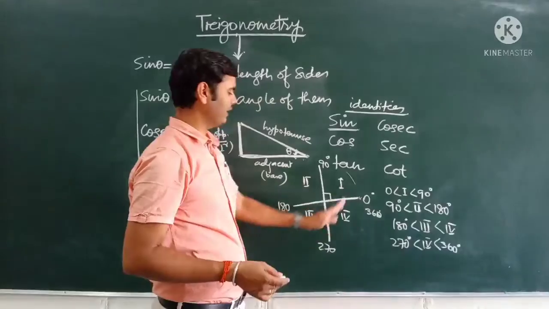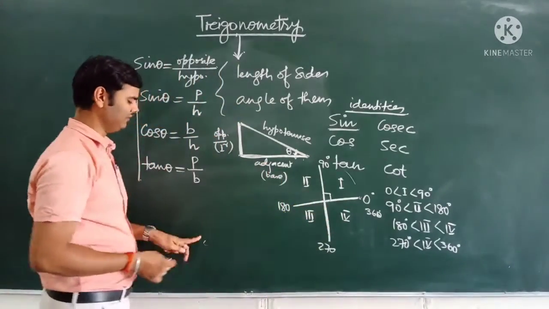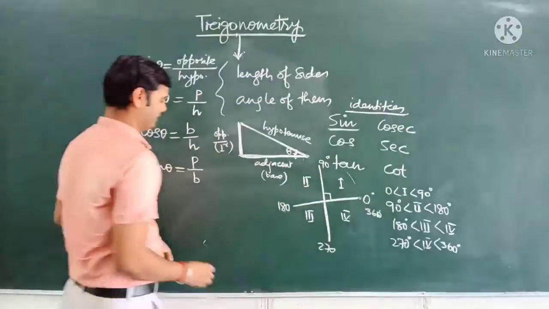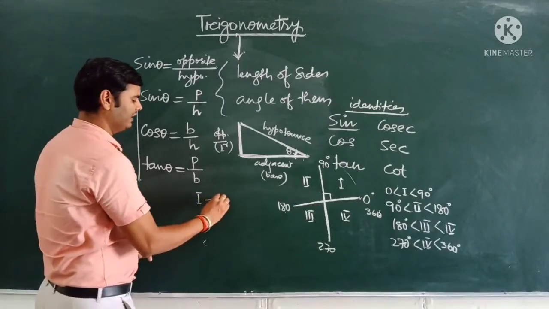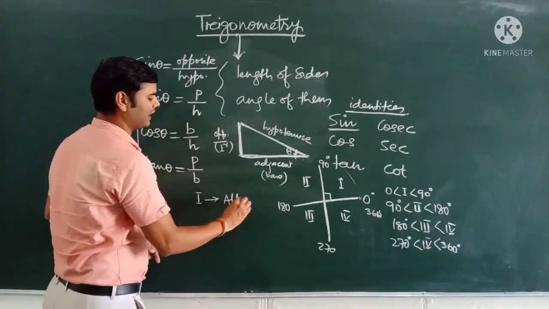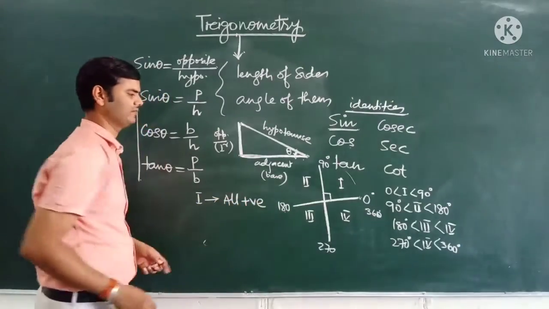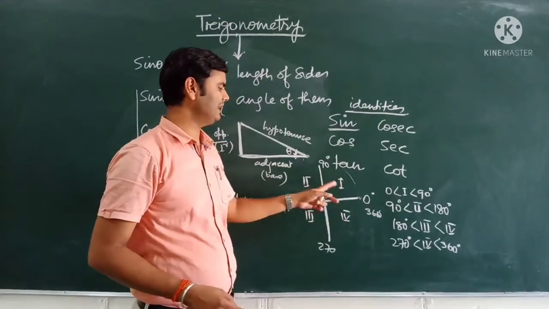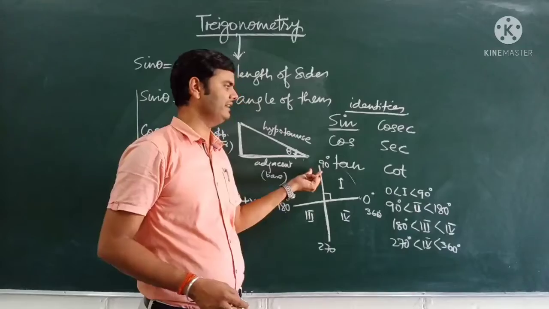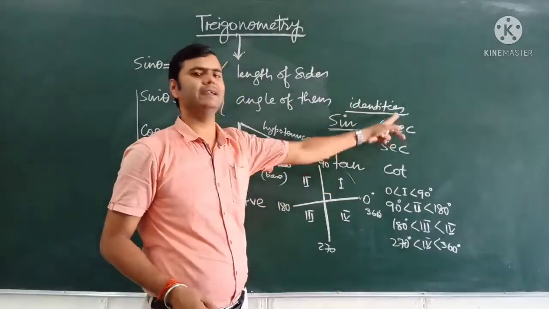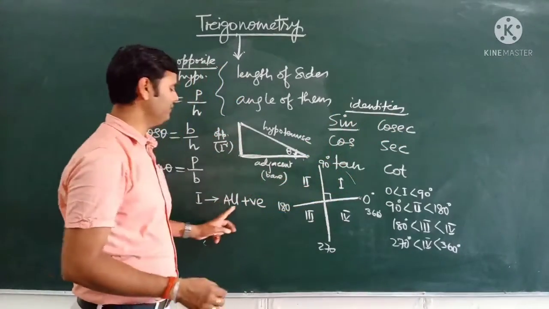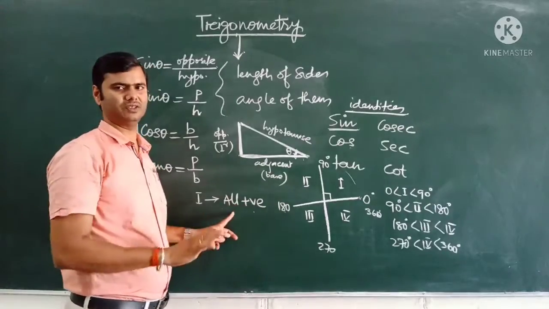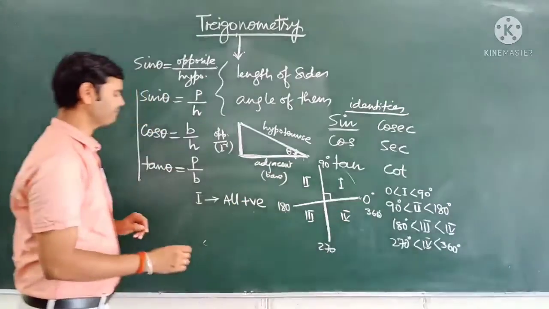Now for every quadrant, according to the identity, let us see the signs. In the first quadrant, all the identities are positive. That means if we take a value between 0 and 90 degrees for all these 6 identities, their values are positive.